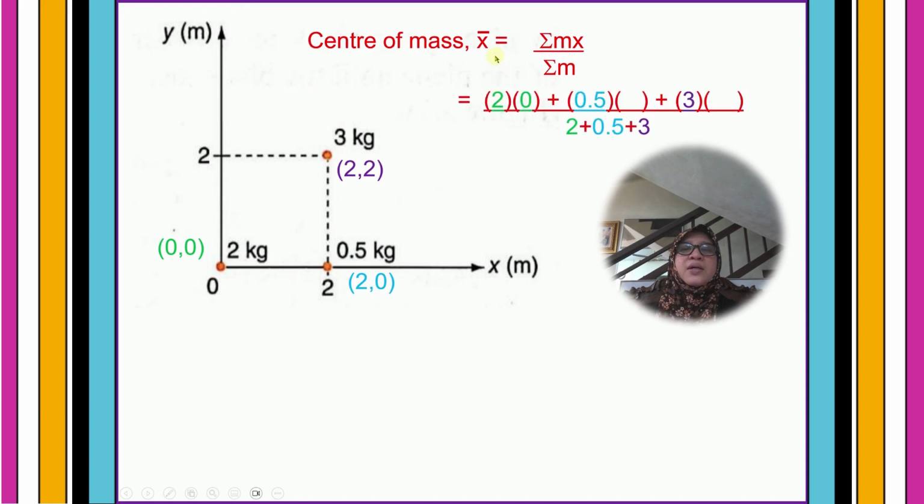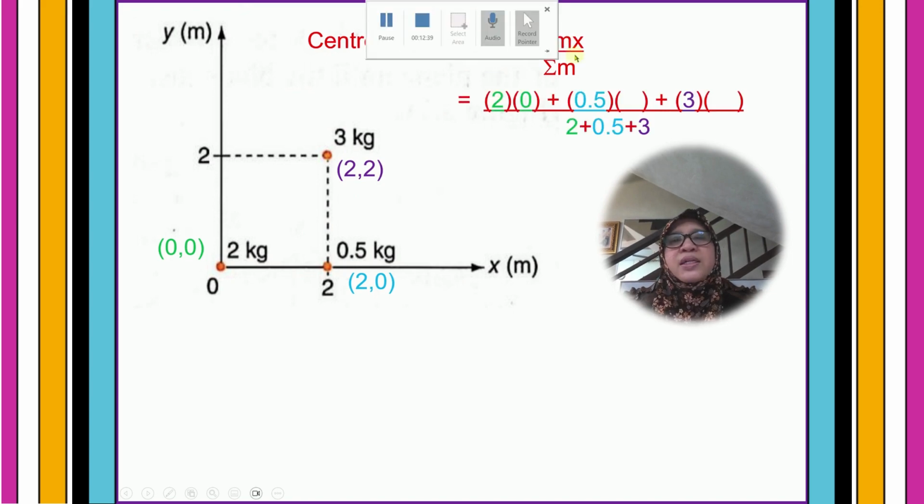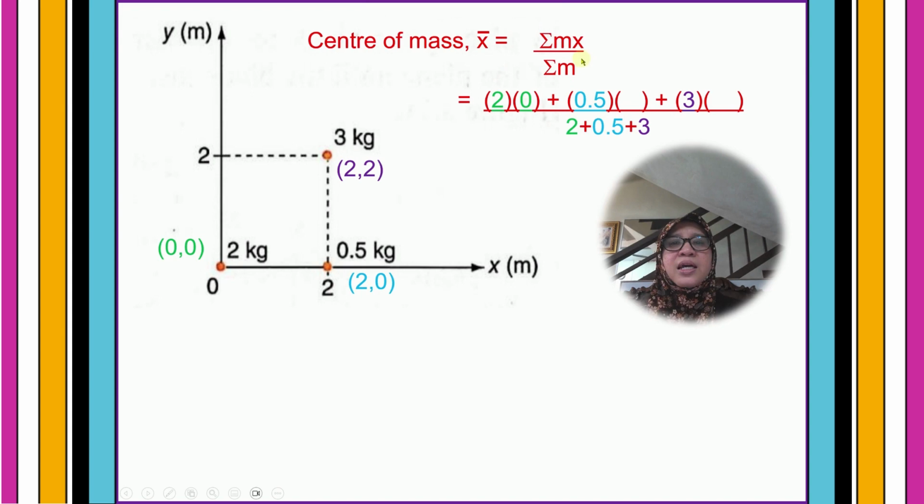Along x horizontally, it is mass times x coordinate: 2 times 0, then 0.5 times 2, and then 3 times 2, divided by total of mass, 2 plus 3 plus 0.5. The answer is 1.27 meter.